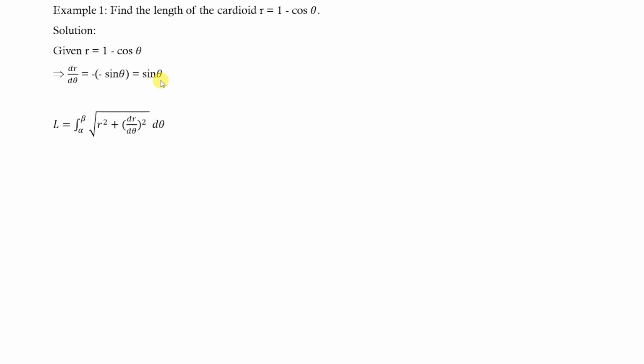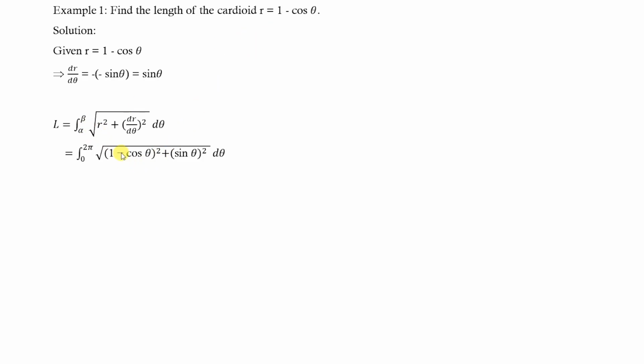Let's apply the formula. L is the integral from alpha to beta of the square root of r squared plus (dr by d theta) whole squared, d theta. Our theta varies from 0 to 2 pi to trace the whole curve, so alpha is 0, beta is 2 pi, and r is 1 minus cos theta.